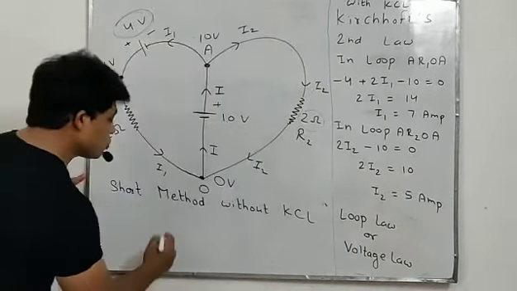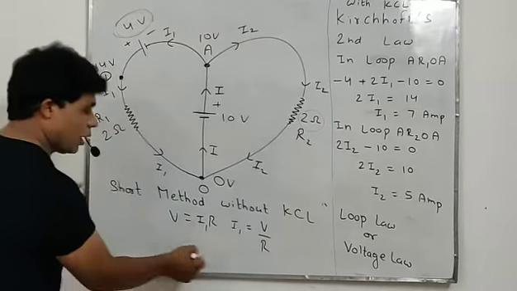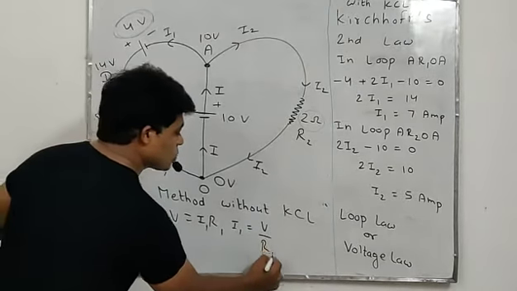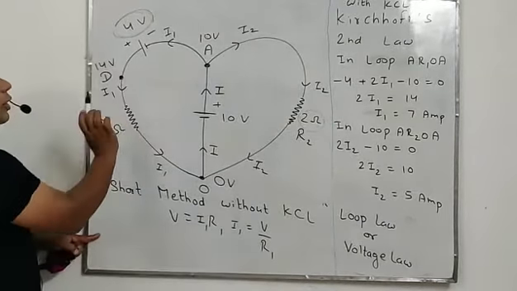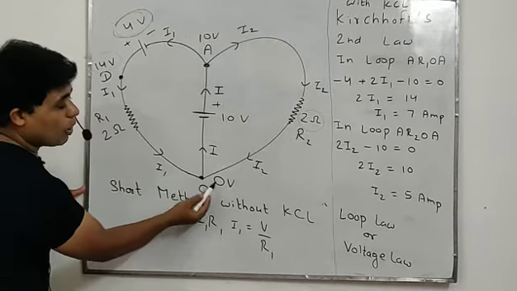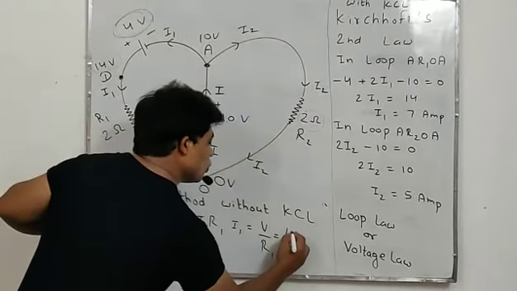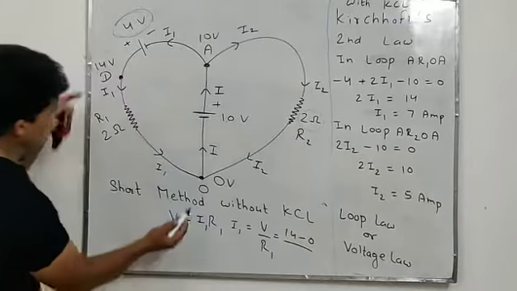By Ohm's law, what is Ohm's law? V equals IR. So what should I1 be? I1 is V by R1. Okay students, look at the potential difference across DO. D point has 14 volt and O point has 0 volt. So 14 minus 0, we took the difference.